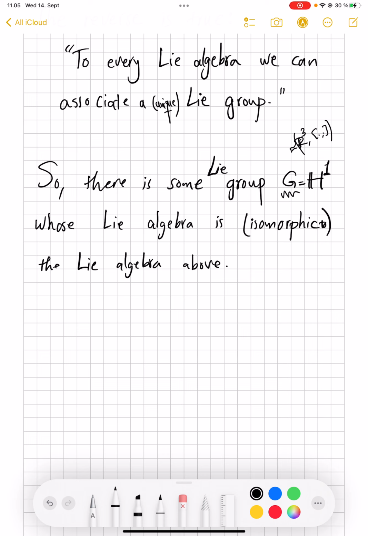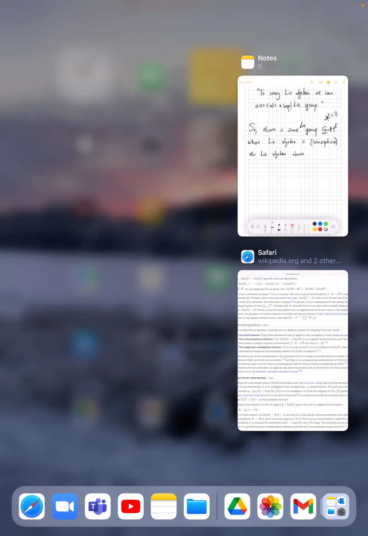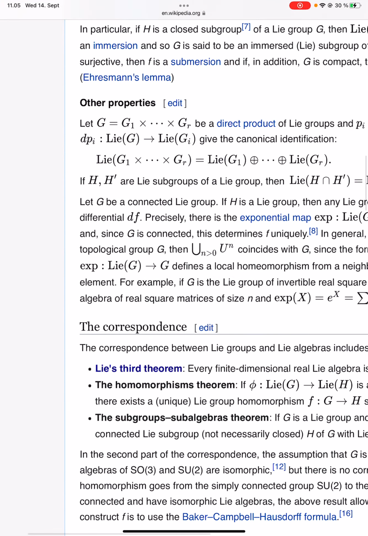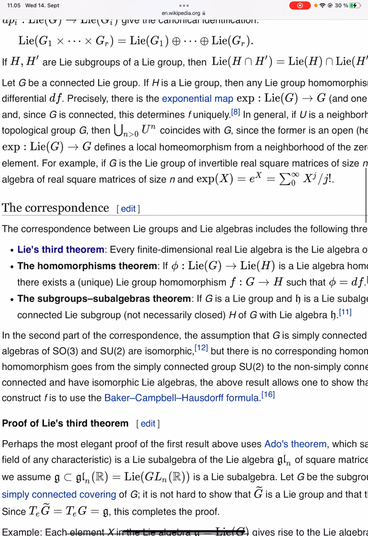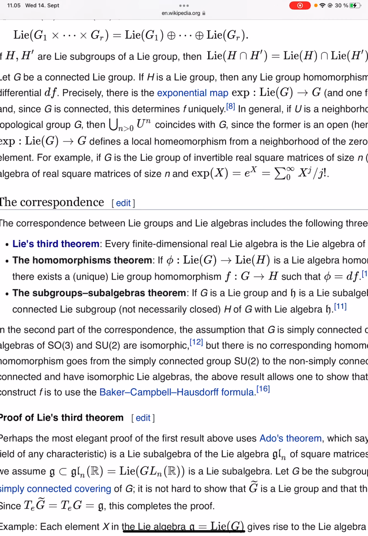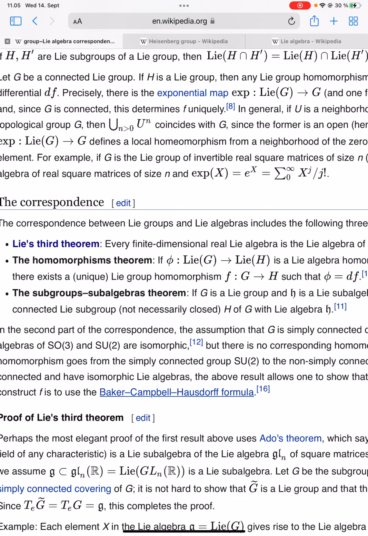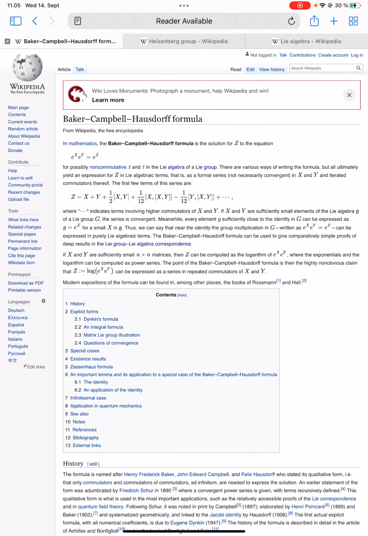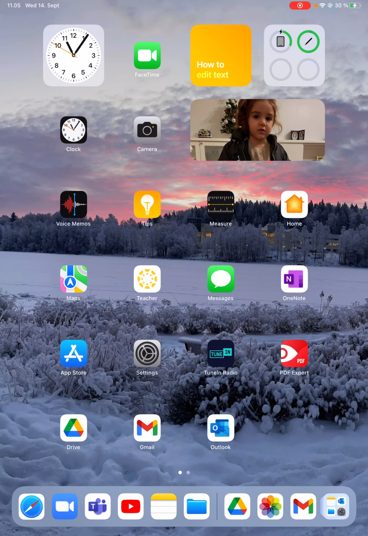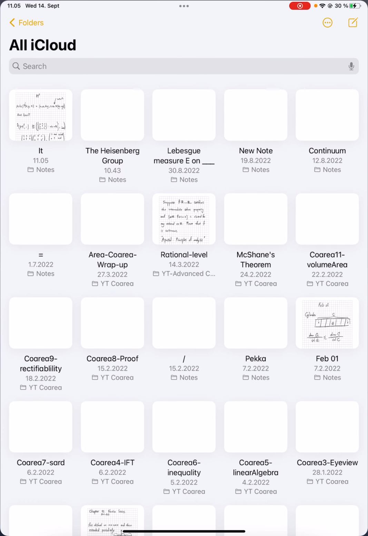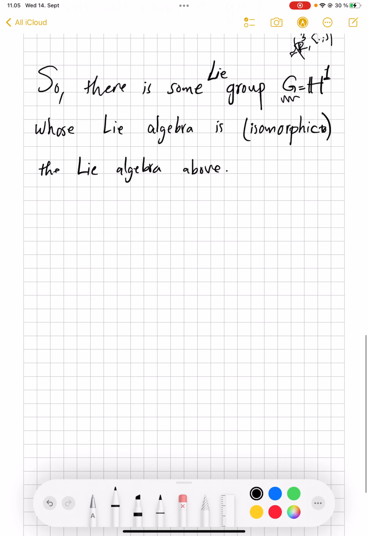And that's not obvious from this, but then there is the magic coming from what is called the Baker-Campbell-Hausdorff formula. So what does this formula tell us? Here is the thing.